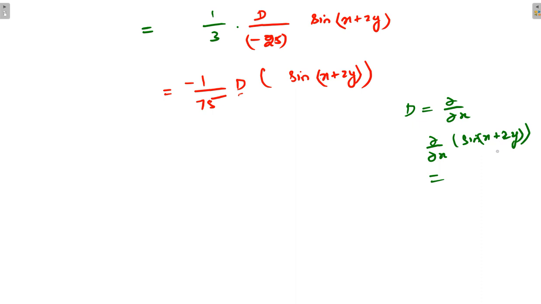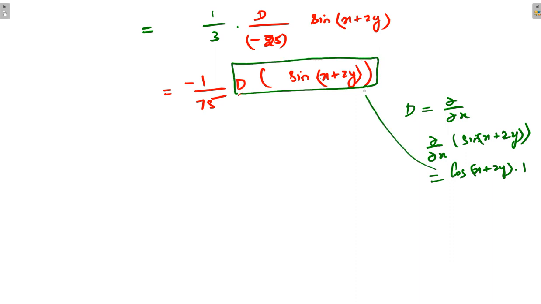If you differentiate sine x plus 2y with respect to x, you may get cos x plus 2y into 1. Right? Now I am going to substitute this value, which is nothing but cos x plus 2y. So that means minus cos x plus 2y divided by 75. This is PI1.